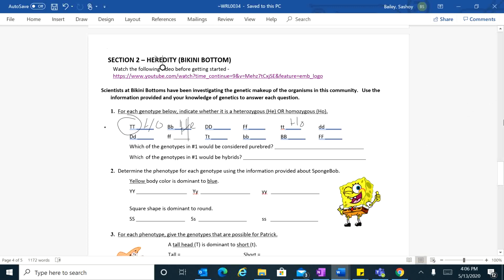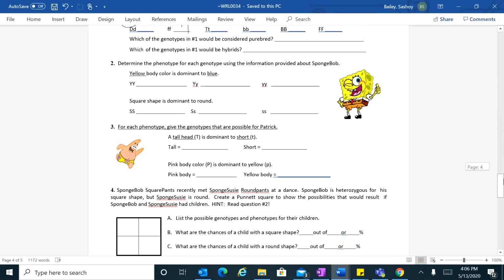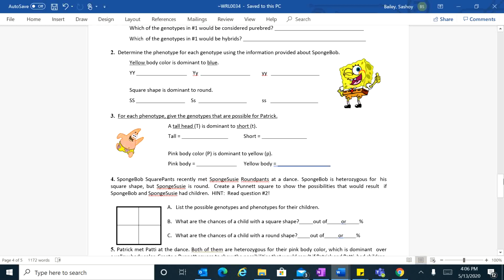If we move on to the second part of the worksheet, question 2, it says determine the phenotype for each genotype. Again, remember that the phenotype is the physical trait that we see, and the genotype is the genetic makeup, and genotype determines phenotype.